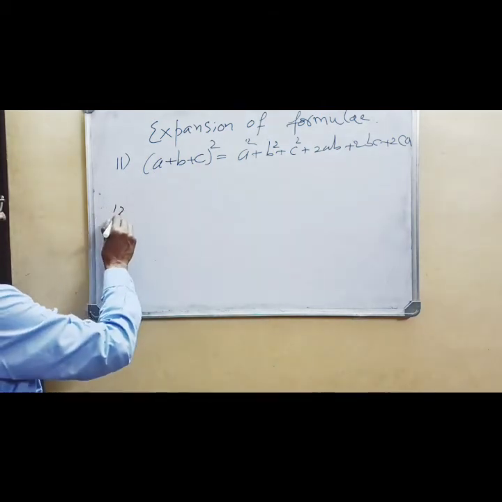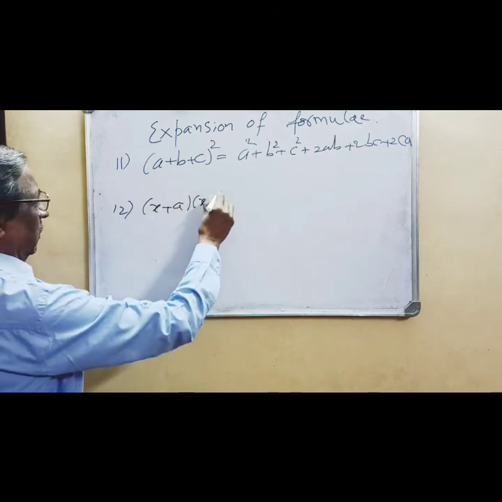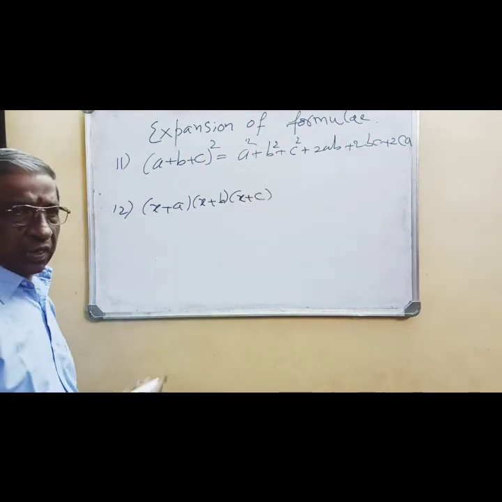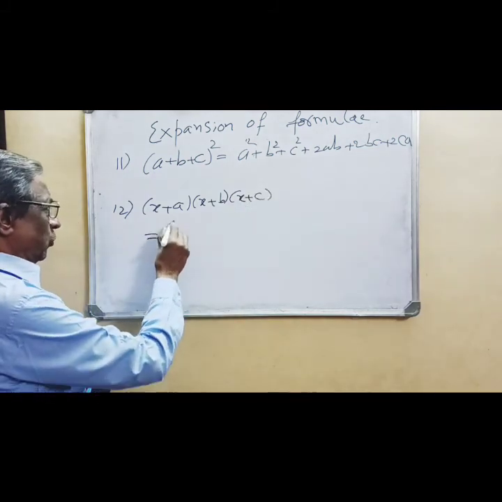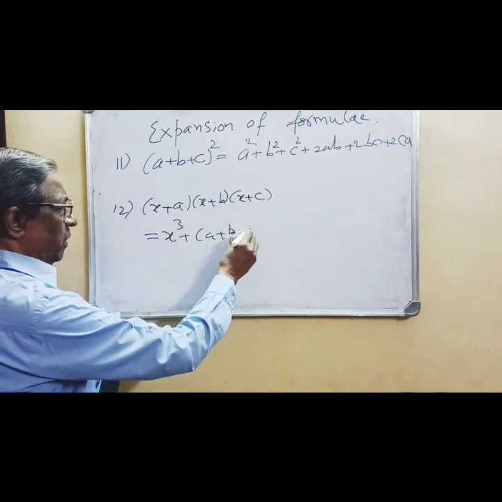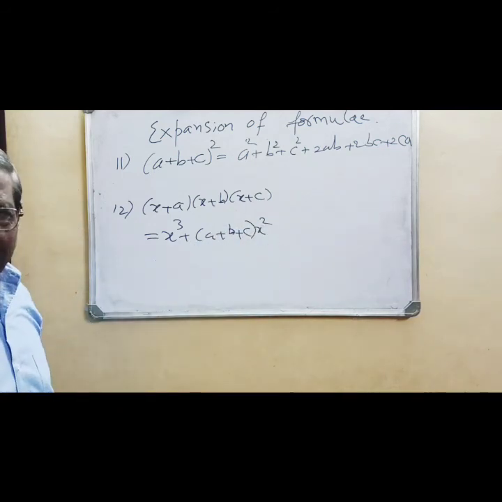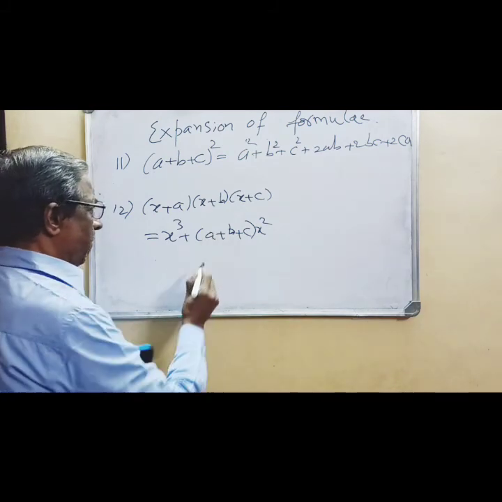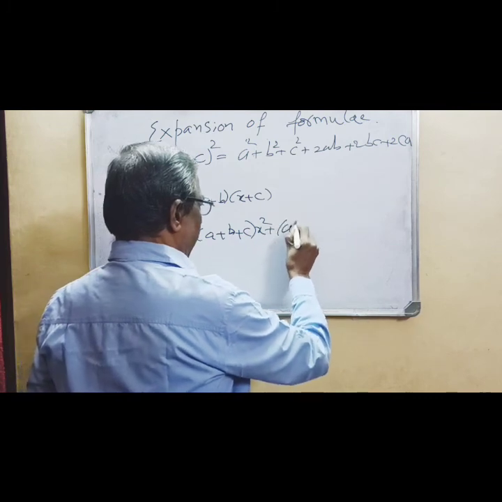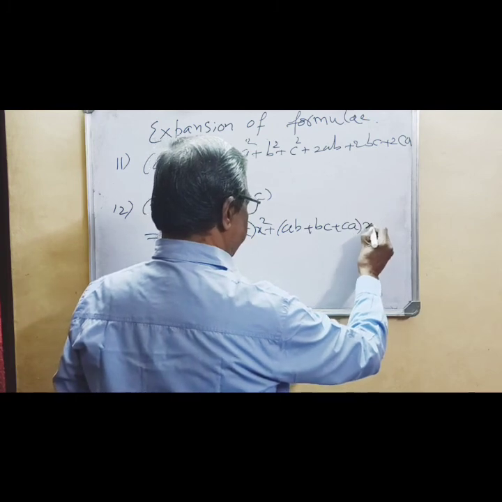Even here, x plus a into x plus b into x plus c. Here x cube plus bracket a plus b plus c into x square, plus bracket ab plus bc plus ca into x.